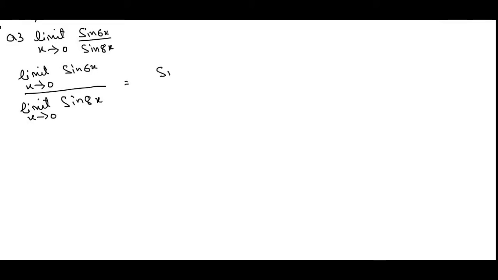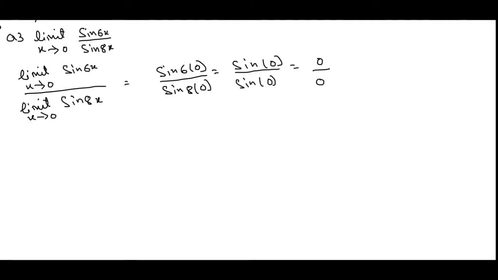So sine 6 times 0 over sine 8 times 0, that is 0 over 0. Sine 0 is again 0 and sine 0 is 0. So again we have an indeterminate form, and hence we apply L'Hopital's rule.